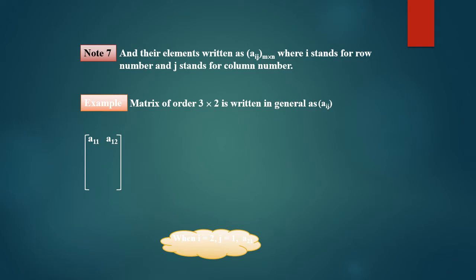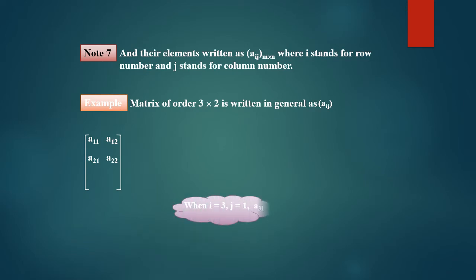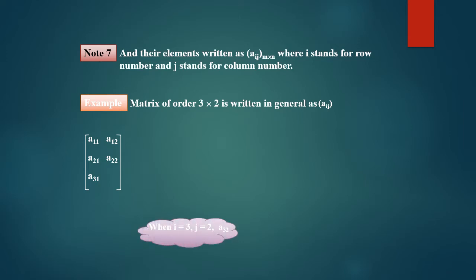It represents the second row first element, a21. Next, for the second row second element, i is equal to 2 and j is equal to 2. For the third row first element, i is equal to 3 and j is equal to 1. And for the last element, i is equal to 3 and j is equal to 2. We get a32.